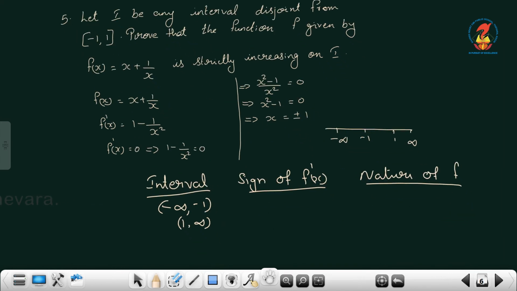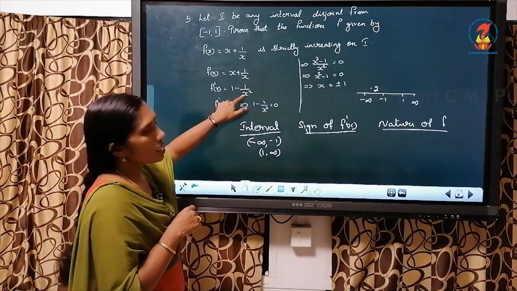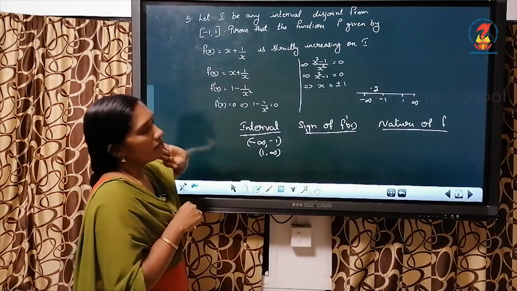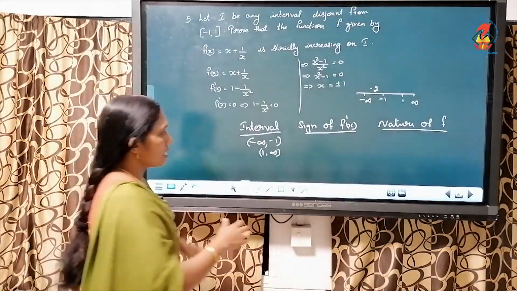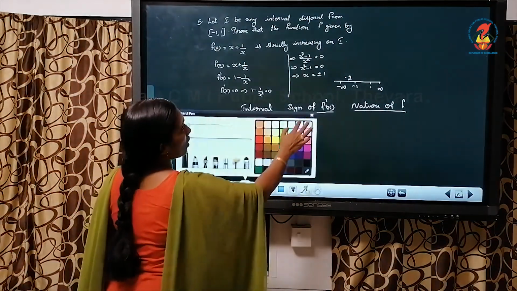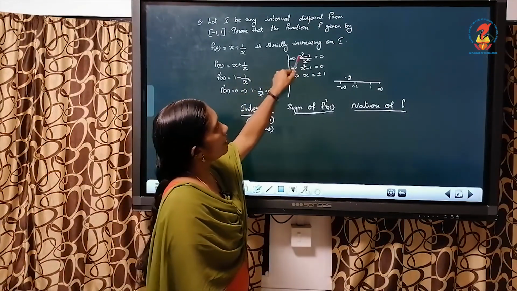What about the function? In minus infinity to minus 1, we can take minus 2. When x is minus 2, what is the value of this f dash x? Minus 2 square is a positive number, so 1 by 4. Is that positive or negative? Or if it is difficult to substitute there, you can substitute here.